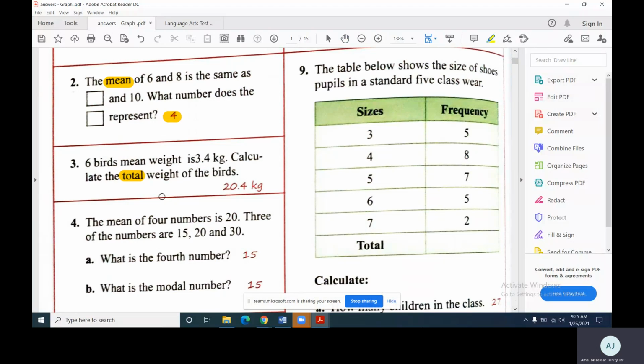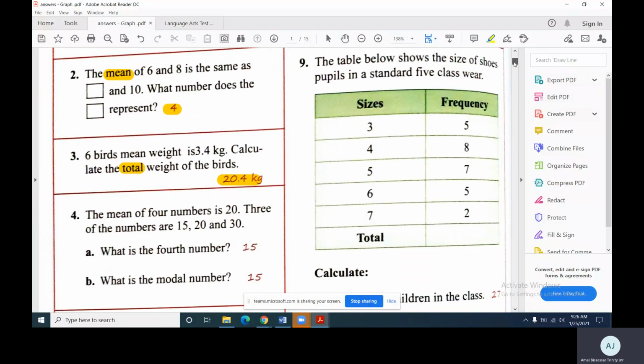If I have 6 birds, and when I add up all the birds and I divide, I get 3.4, then what do I do to find out the total? What big number was divided to get 3.4? 3.4 multiplied by 6 will give you 20.4.